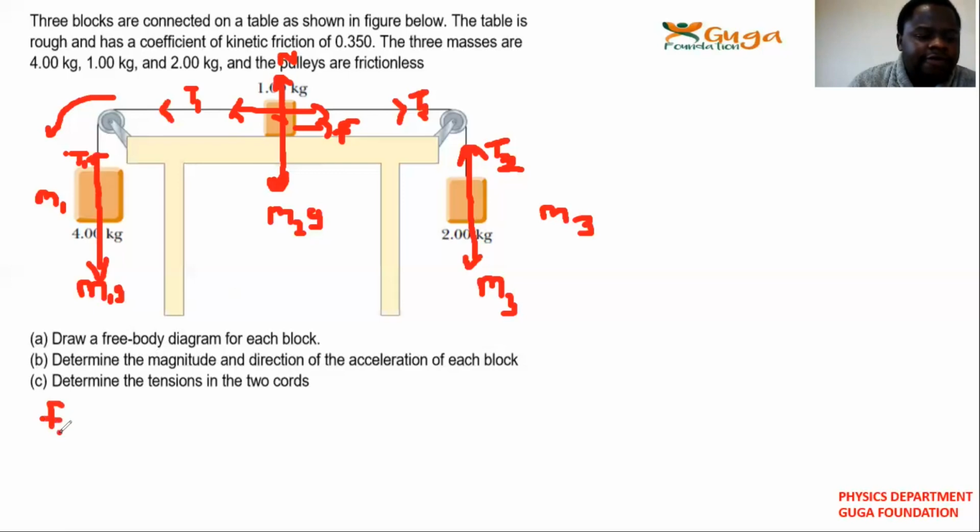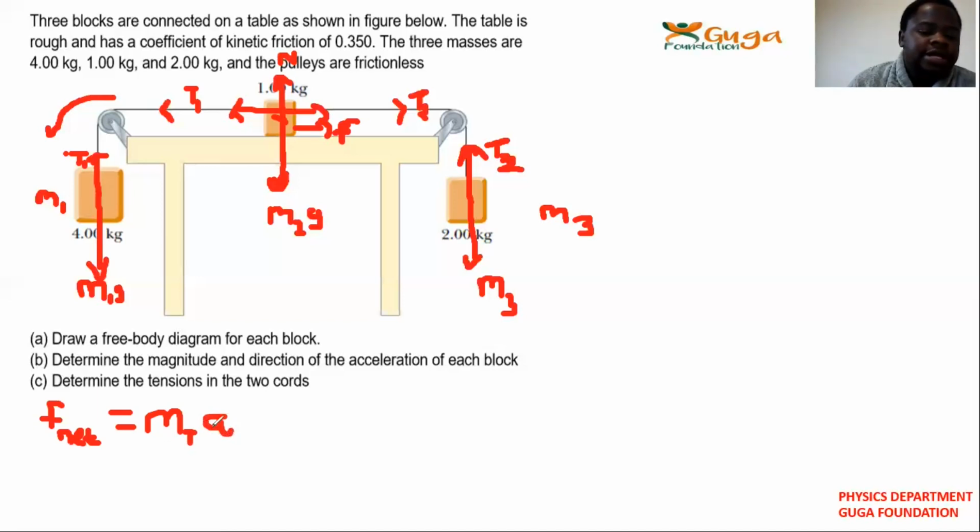You've got F net, which is equal to MT, the total mass, multiplied by acceleration.